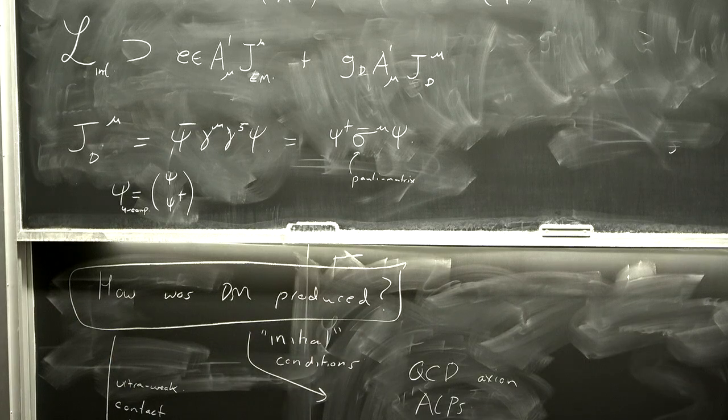Go ahead. I wonder if there's a reason why it's better for a UV completion to have Dirac versus Majorana fermions. If you want to have a fermion in a simple way coupled to an abelian gauge group that preserves gauge invariance, it needs to be a Dirac fermion. Again, once we break the U1, we can do more interesting things.